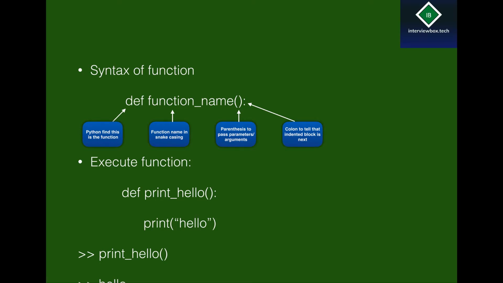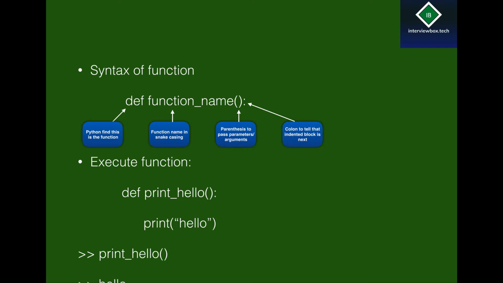You create a function with def print underscore hello, and under that you are just printing the hello keyword. That's just a print statement. Then you call your function just with the function name, and you will see the output that I showed in the last line. It just says hello. So that's all for how you can define a function.